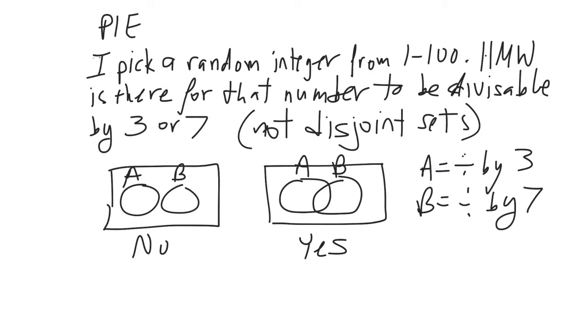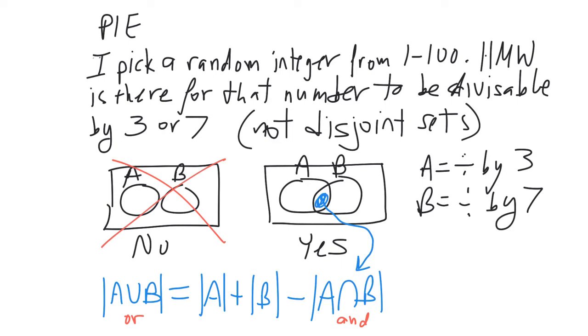We tend to name our 2 groups or sets with capital letters. So like A will be the numbers divisible by 3, B will be the numbers divisible by 7. Here's the notation that we are going to use for this problem. The absolute value, or magnitude, will mean that we're talking about how many there are. So the magnitude of A or B means it's divisible by 3 or divisible by 7.